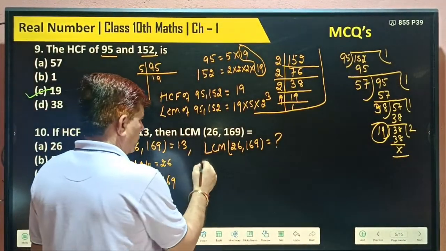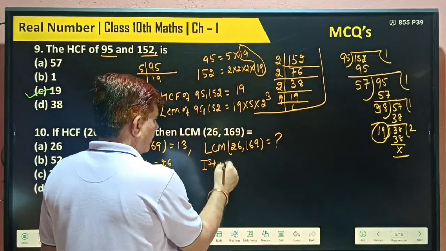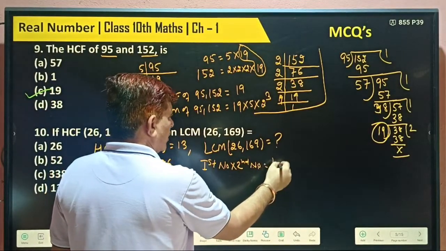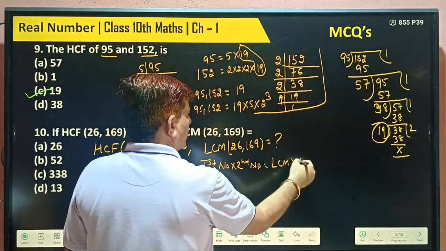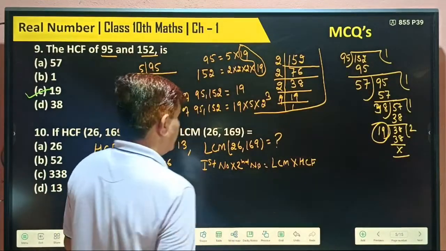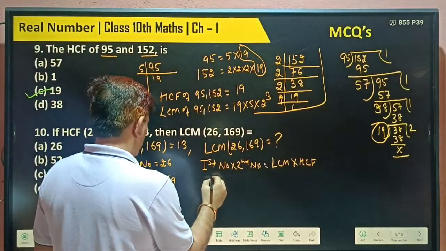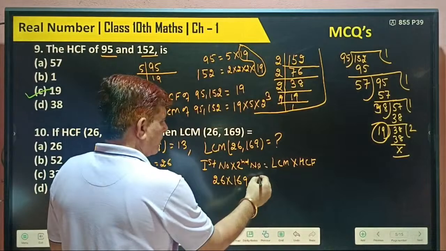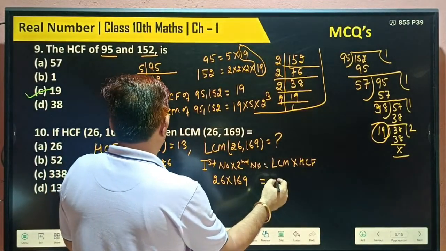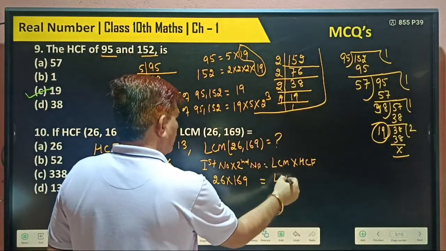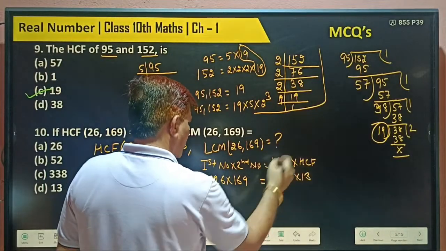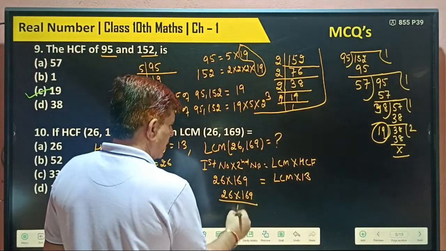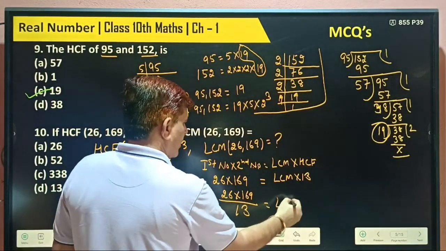The formula: first number into second number is equal to their LCM into their HCF. LCM we have to find out. So 26 into 169 is equal to their LCM into their HCF, which is 13. So 26 into 169 by 13 is equal to their LCM.